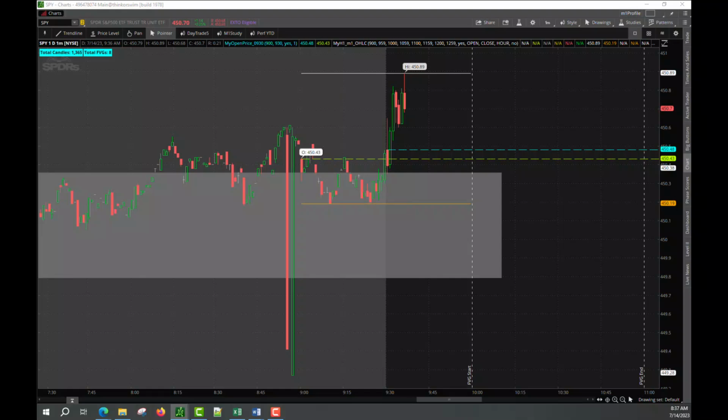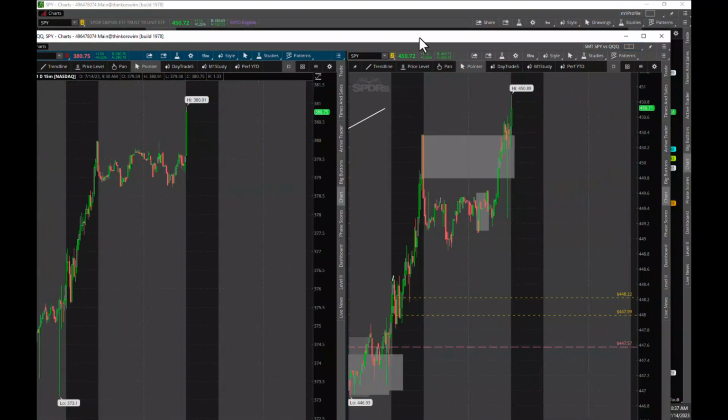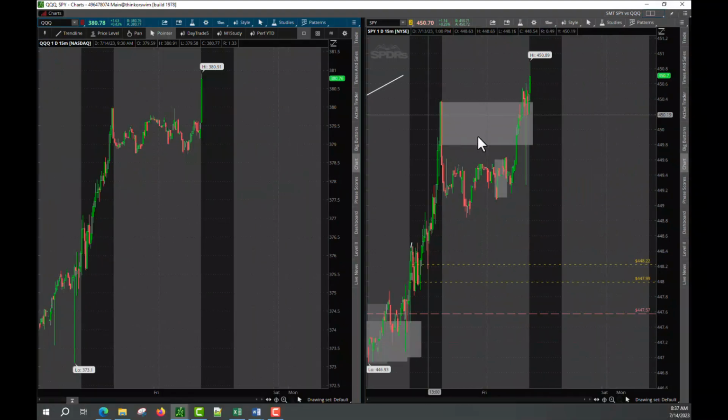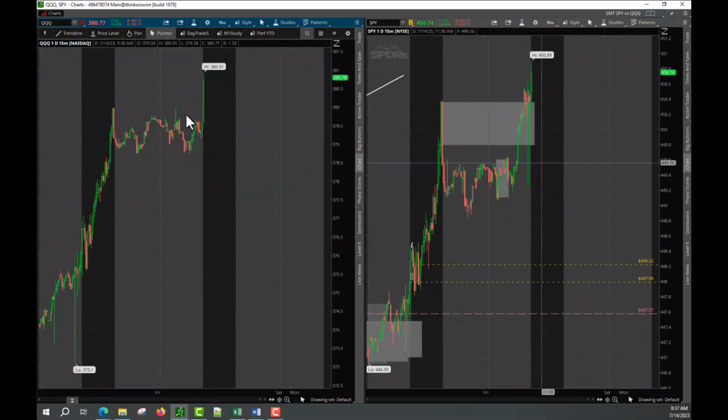Let's look at the smart money version. Yeah, we don't see any divergence right now between the QQQ and the SPY. See, you make a high, yep, this guy the same, makes a high.